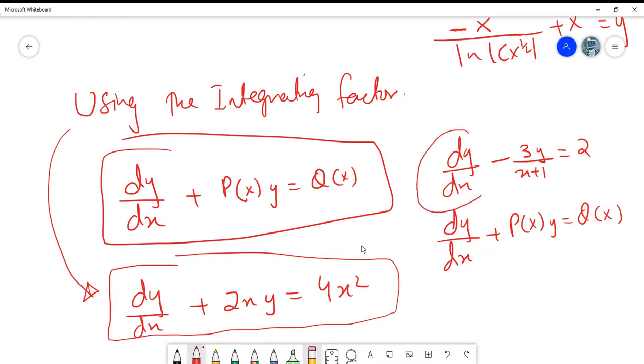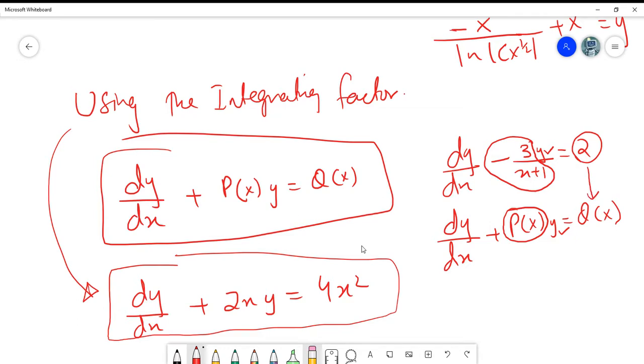Both the equations have dy by dx to begin with. Also, the thing multiplying y over here is minus 3 over x plus 1. So that is our p of x.